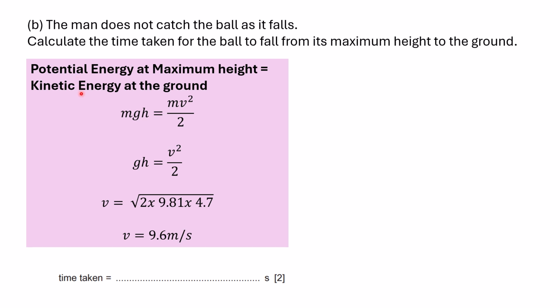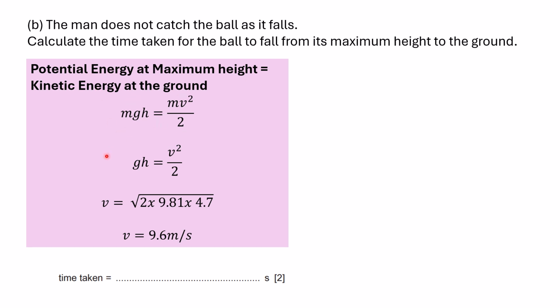And when the ball is all the way at the ground, we don't have potential energy anymore. Now we have kinetic energy. So all the potential energy from the maximum height was transferred to the kinetic energy at the bottom. So that way we can equalize the formulas. Potential energy is mgh, and the kinetic energy is mv squared over 2.